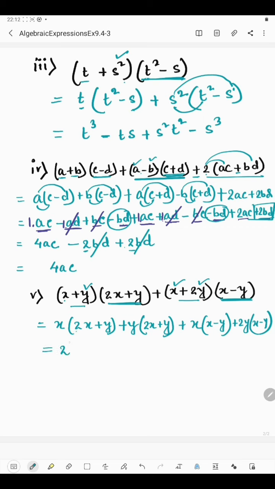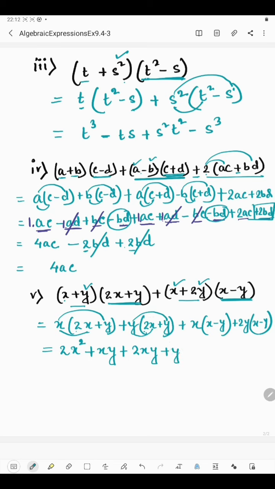Now here 2 and x into x. Here the power of x is 1 and here is 1. So 1 plus 1 is 2. So it will be 2x square plus x into y is xy plus 2 into yx, or xy, is 2xy plus y into y. Here 1y and here also 1y.